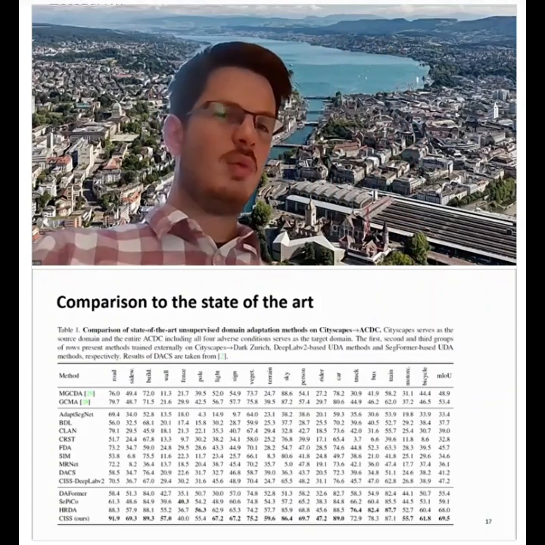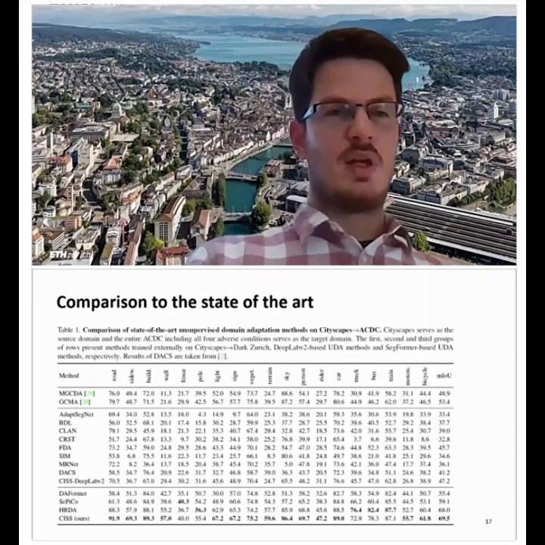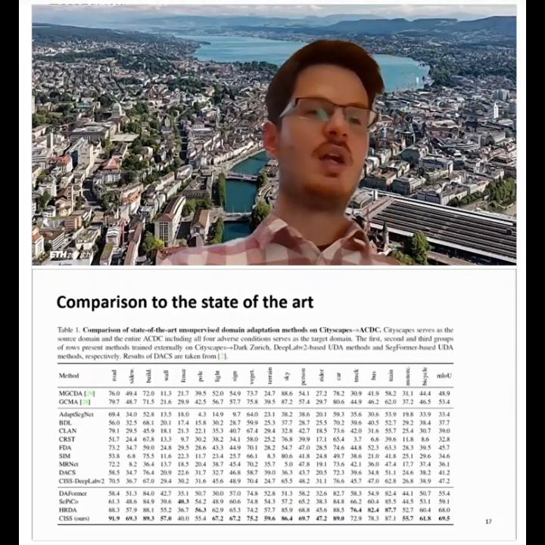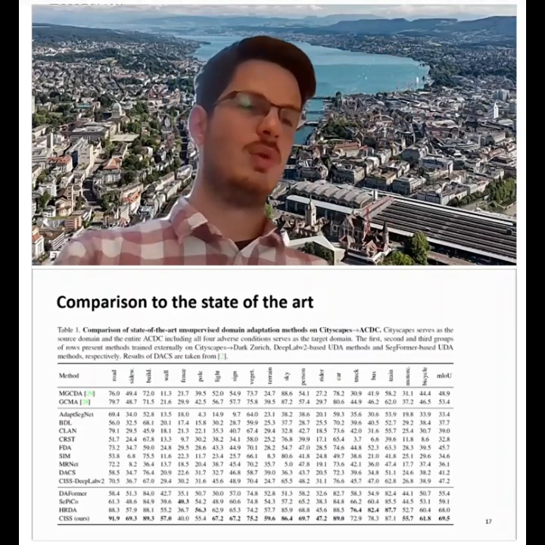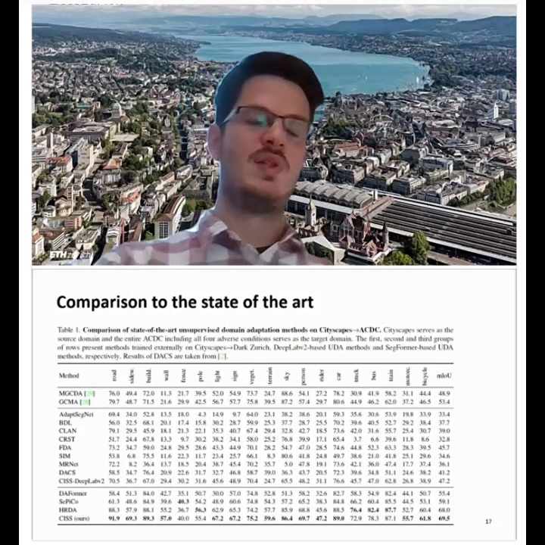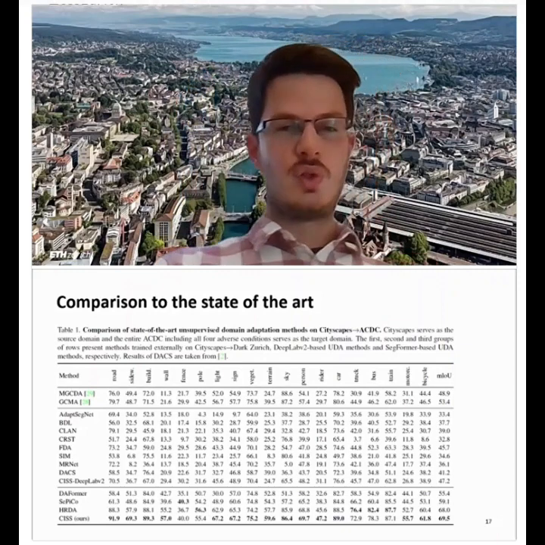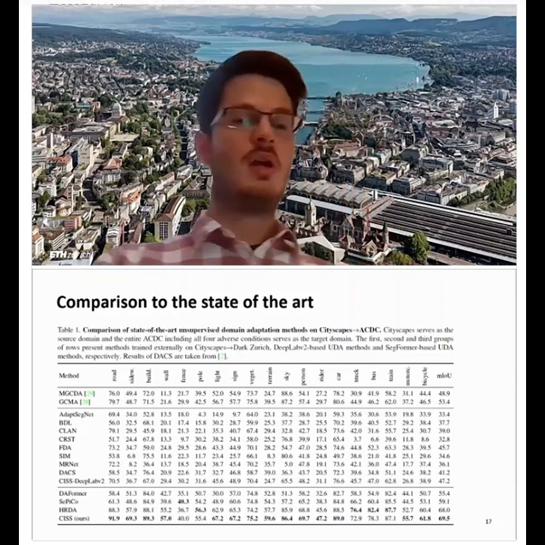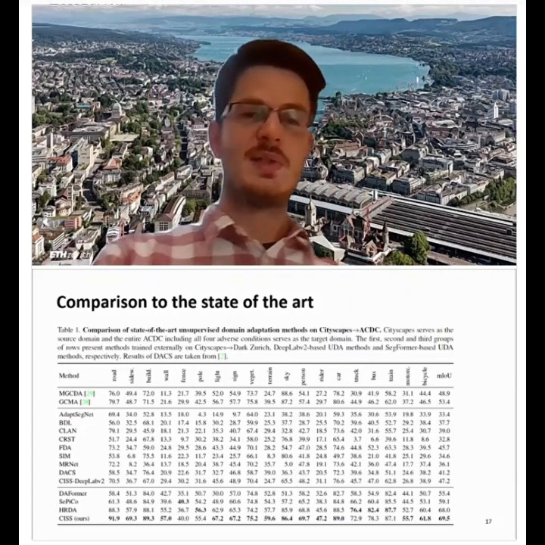So I don't want to bother you a lot with numbers, but just as a brief overview of the comparison to the state of the art. We have compared thoroughly to previous domain adaptation approaches on the Cityscapes to ACDC benchmark for different conditions. And we improve significantly, also consistently among most classes.